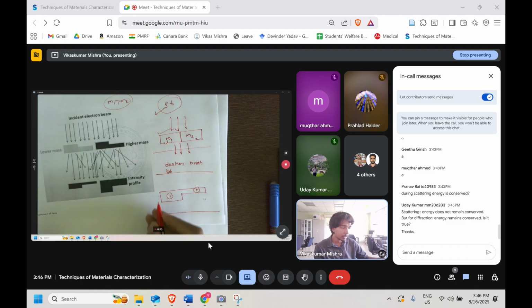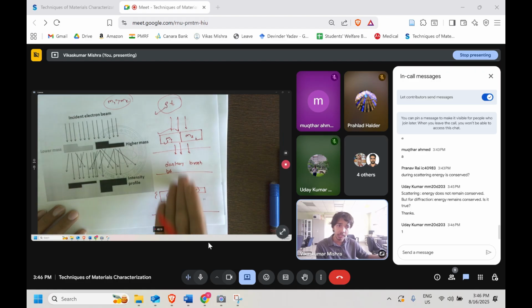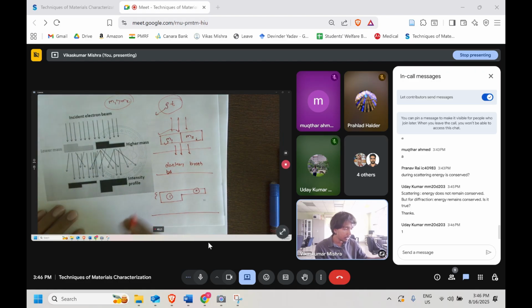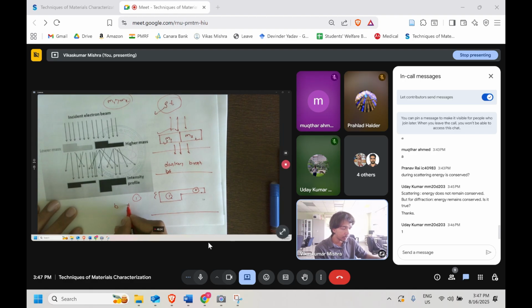The one has more thickness. Again, we are talking about the TEM, so the electron beam will pass through it. Very good, the first one is going to scatter more compared to the second. So now, since the first one is going to scatter more, will it be brighter or will it be darker?